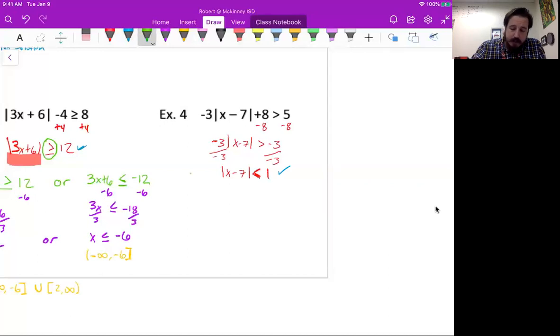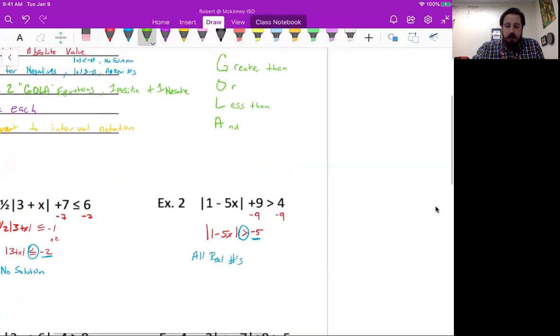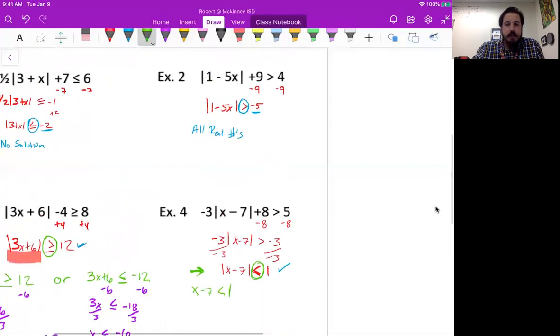I am looking at this equation once it has been isolated to determine GOLA. So my first one, I have x minus 7 less than 1. Because this inequality is a less than, we use and.